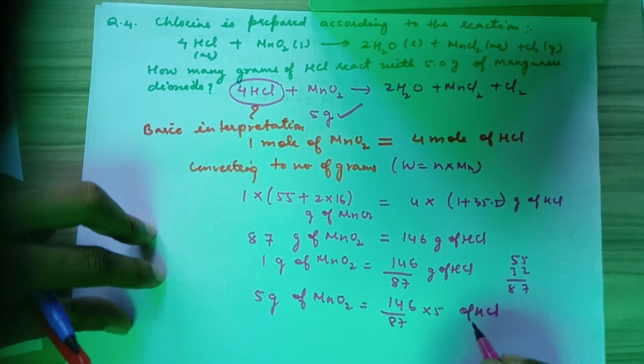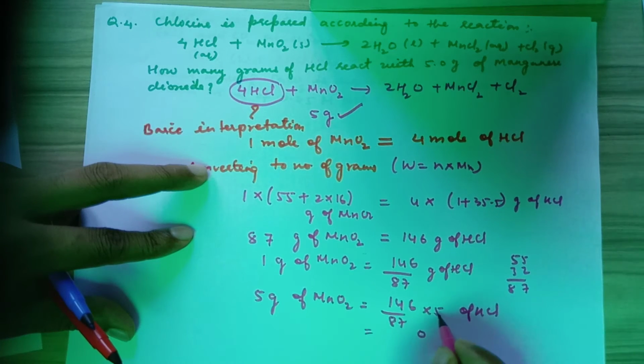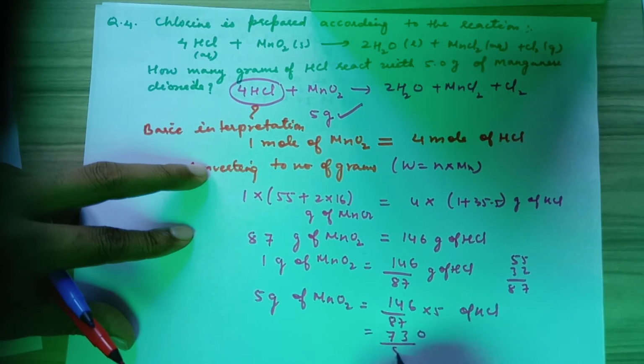On solving, 146 into 5: 5 sixes are 30, 5 fours are 20, that will be 730. And we have to divide by 87.